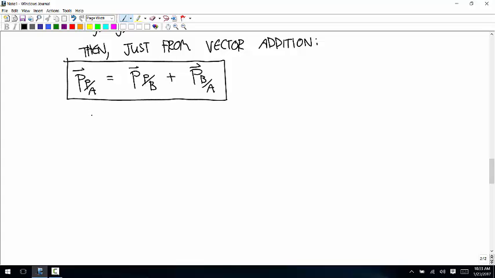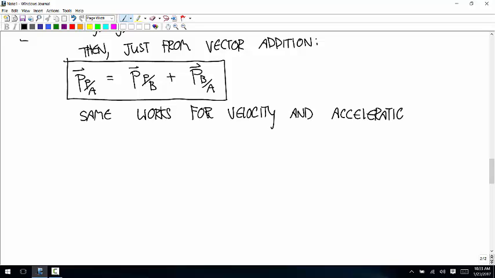And the same idea works for velocity and acceleration. The velocity of some object relative to A is equal to the velocity of some object relative to B plus the velocity of B relative to A. And same thing with accelerations.